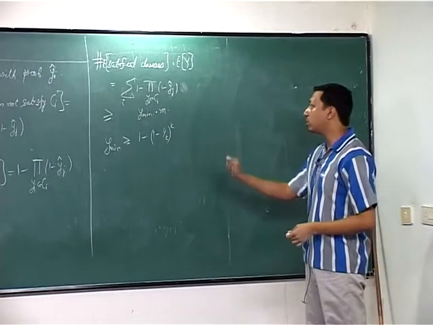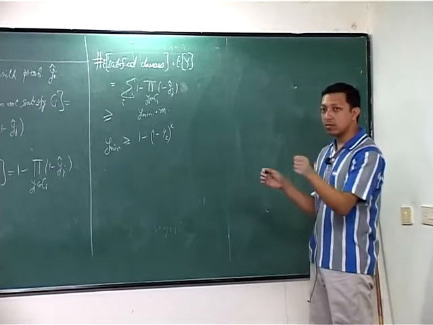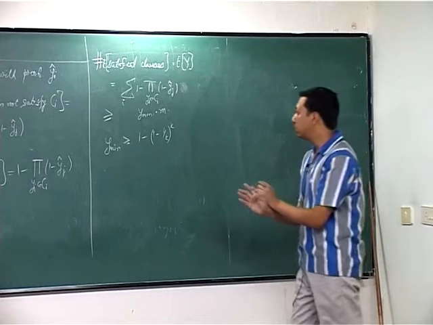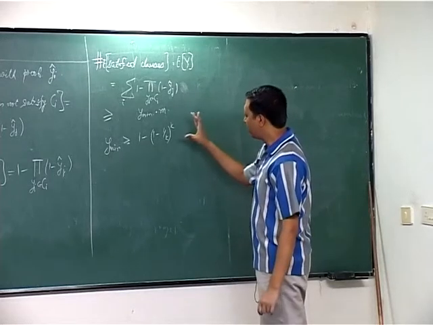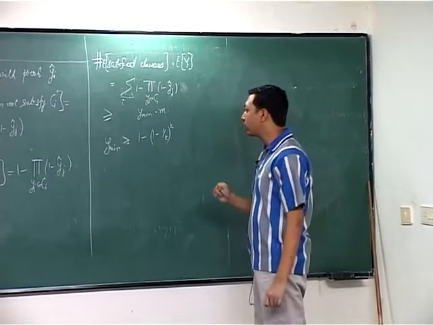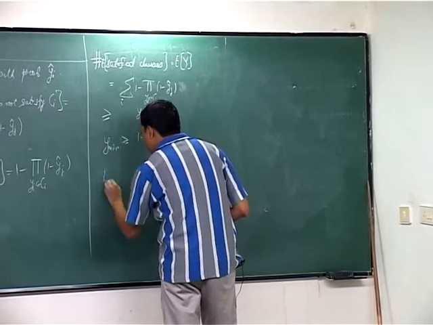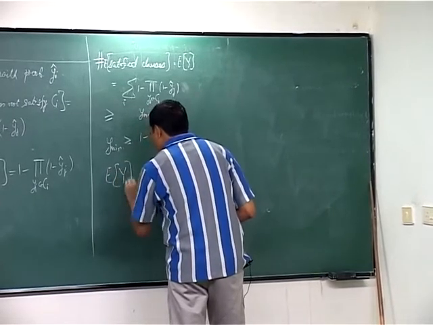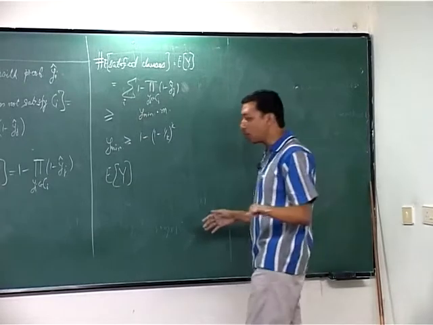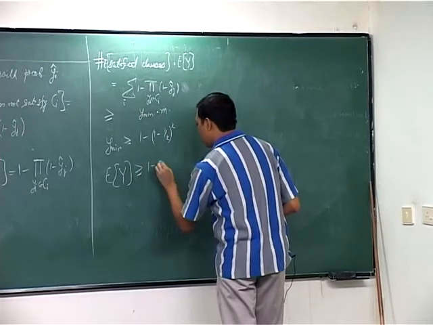This happens when they are all equal. You have k things which sum to at least 1, so when they are equal, each of them will take the value 1 by k, right? So then what you get is the expected number of satisfied clauses is surely this.